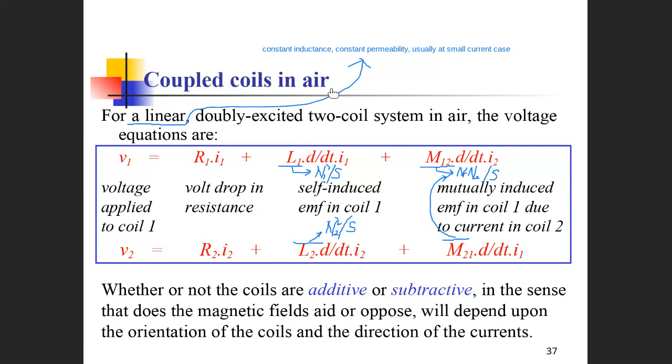This is coupled coils. Now we have the self-inductance, the mutual inductance, the magnetizing inductance, and the leakage inductance.